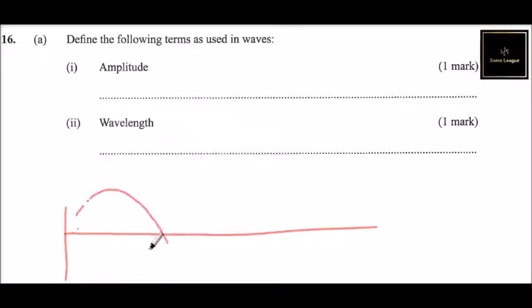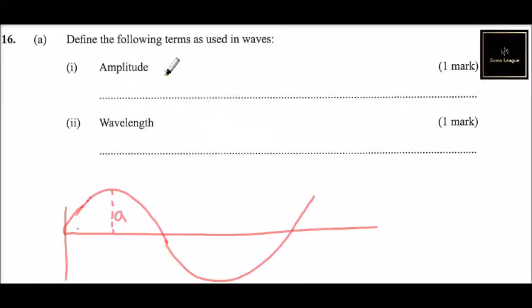So this is a wave. That's a wave. We start from there. So it continues like that. So the displacement from the horizontal mean, or the line representing the half of the wave, is what we call the amplitude.